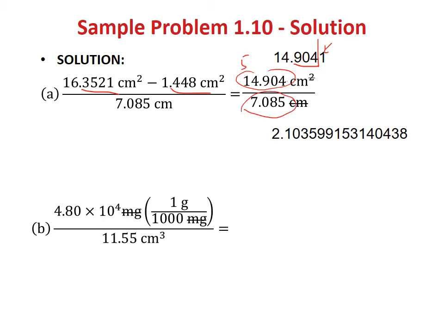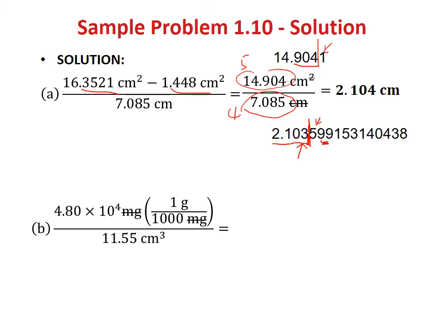The second number has 4. Therefore, we should have 4 significant figures. So 1, 2, 3, 4. So it should go to here, and 5 should be removed. And because there's a non-zero number after 5, the one before it should add 1, and the answer should be 2.104.